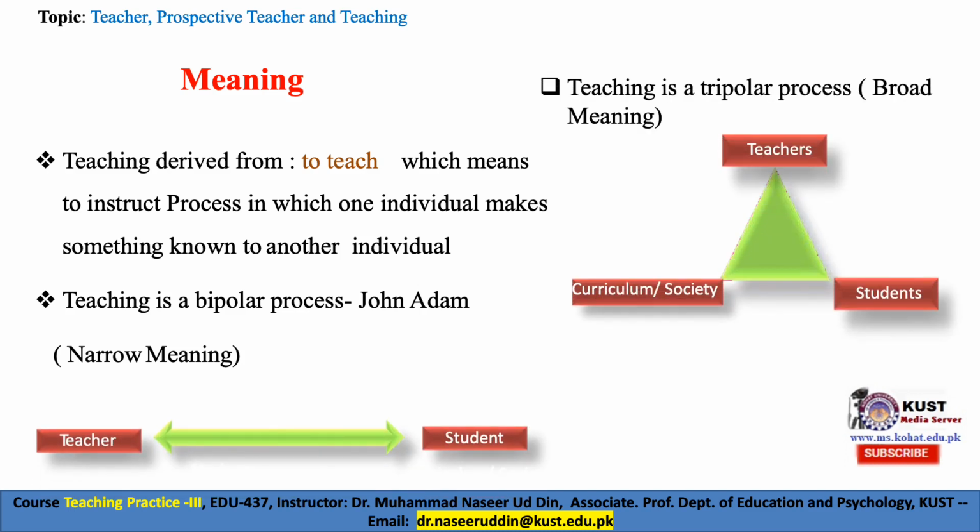The bipolar process is teacher and student interaction, while the tripolar process is the broader term. In this, between the teacher and student interaction, there is the role of curricula and society as a moderator.